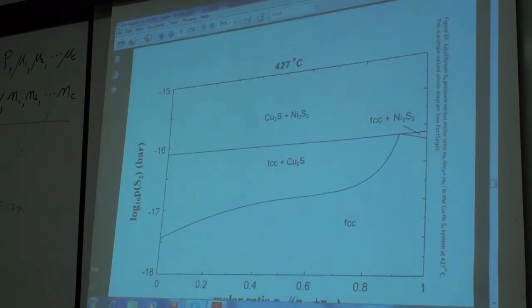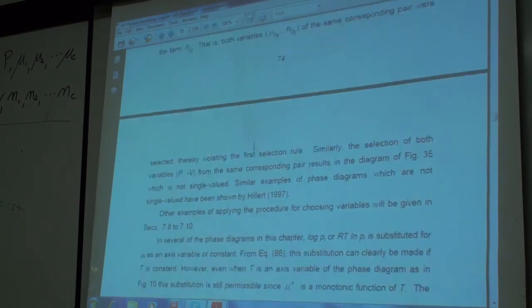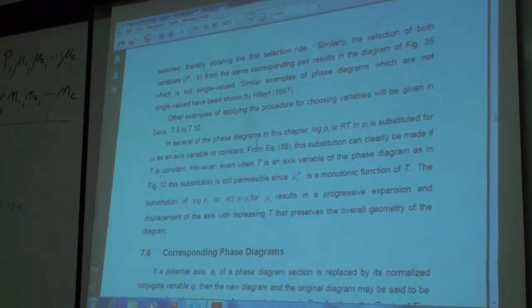This is not permitted because I can only choose one. I've used the mu of sulfur, but I've also used n of sulfur somewhere in a variable. That's not permitted. Once I've chosen mu of sulfur, the number of moles of sulfur can't appear in any variable anywhere, or else I can get into trouble. As long as I follow those rules though, everything's fine.